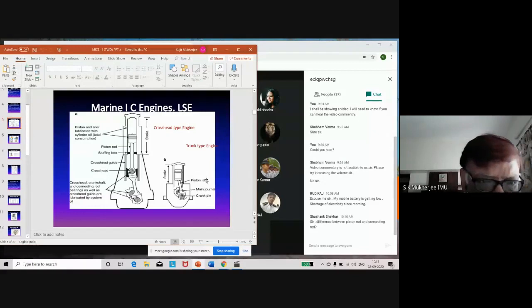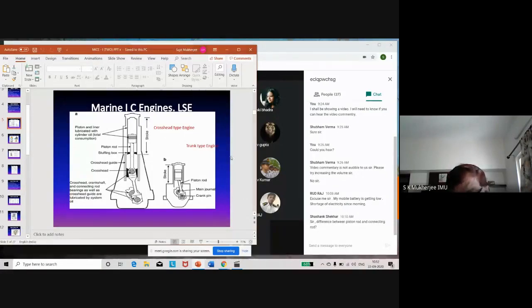I don't know how to correct this. There are other places also where there are some small errors, and those errors are not possible to correct because they are coming from the net. But remember, it is supposed to be connecting rod. Like here, this is also a connecting rod. This here is a piston rod.